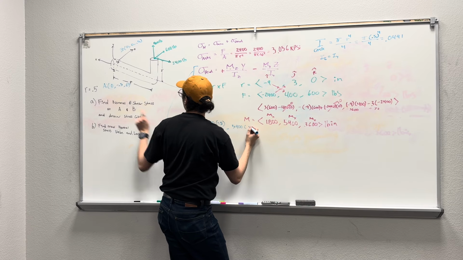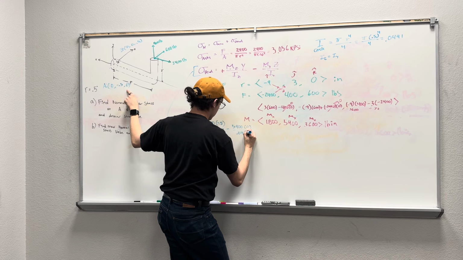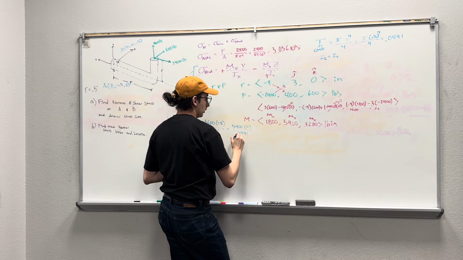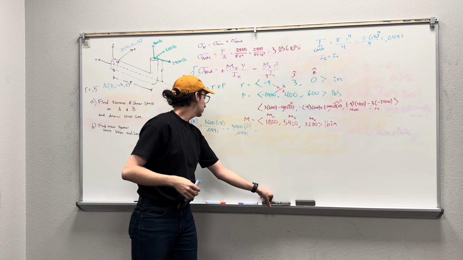My z position in this case is 0, so this whole term is going to go to 0. And I'm going to have the same one right here. This whole thing is going to go to 0, and I'm going to end up with a value.